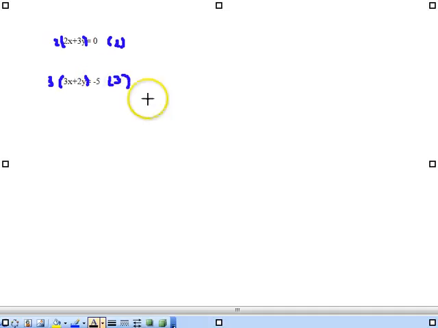Now when you do that, 2 times 2 is 4, so you get 4x, and then 2 times 3 is 6, plus 6y, and then 2 times 0 is 0, equals 0. And then you get 9x plus 6y, because 3 times 3 is 9, and then 3 times 2 is 6, equals -5 times 3, which is -15.